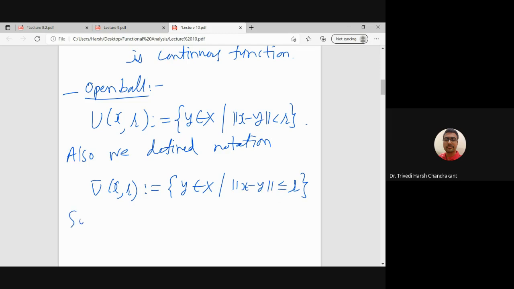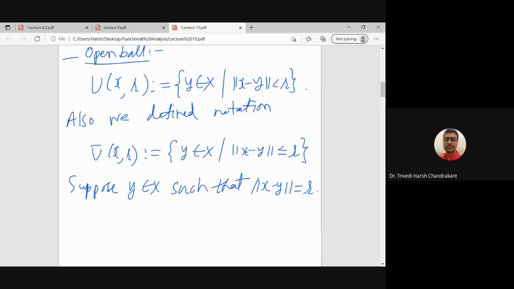So suppose y belongs to X such that its distance from x is exactly r. So y is a point such that its distance from x is exactly r.